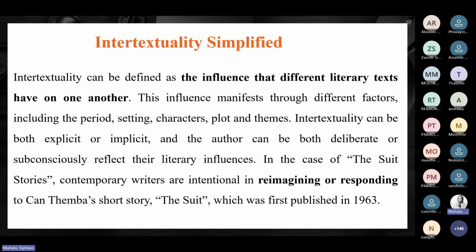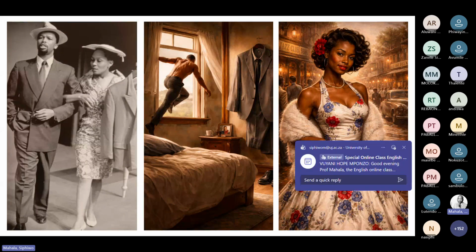So we have two stories published in 2002 and 2006, having this dialogue with Can Themba's story from 1963. That's what we mean by intergenerational dialogue, where there is intertextuality, right?